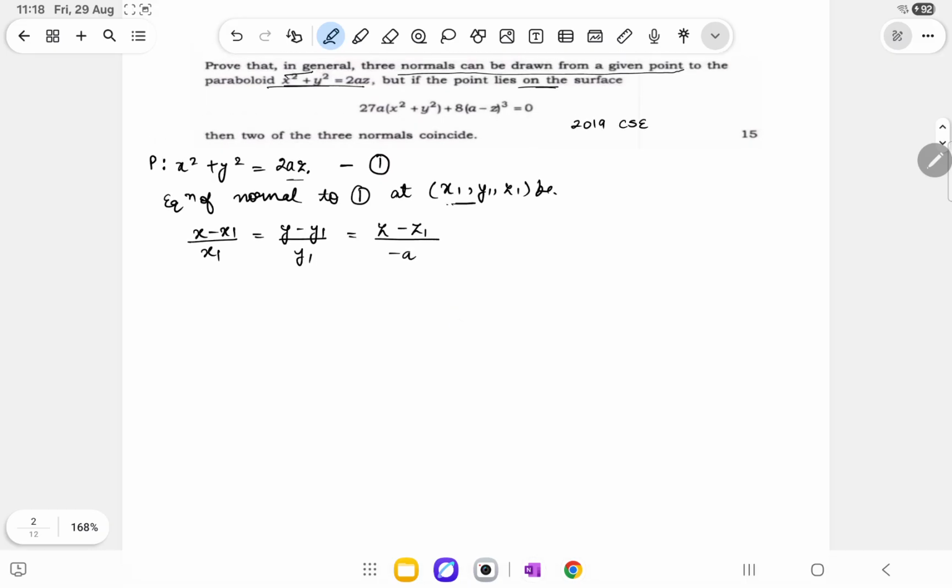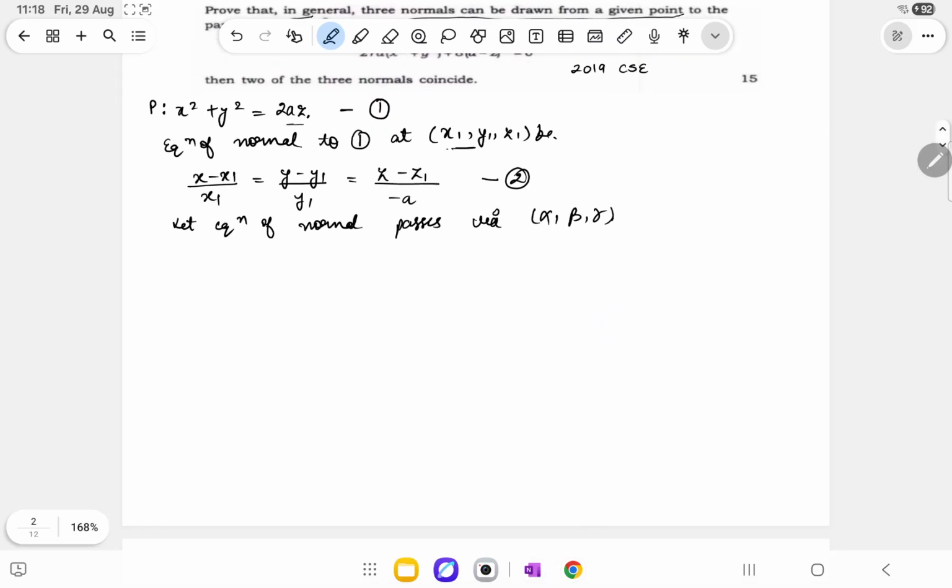Let us assume that this normal passes via any point, let's say (alpha, beta, gamma). If this passes via (alpha, beta, gamma), then it must satisfy the equation of normal. Using that, I'll get (alpha minus x1) by x1 equals (beta minus y1) by y1 equals (gamma minus z1) by minus a. Let us say that it is equal to lambda.